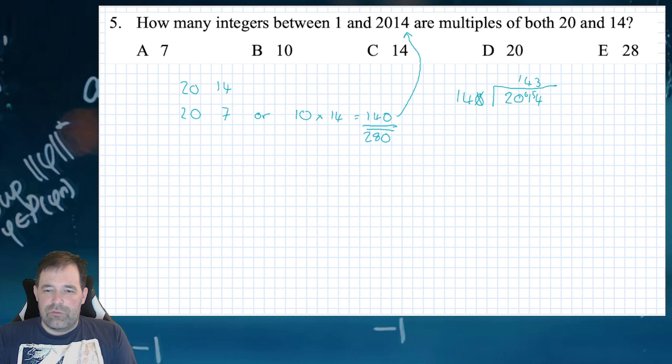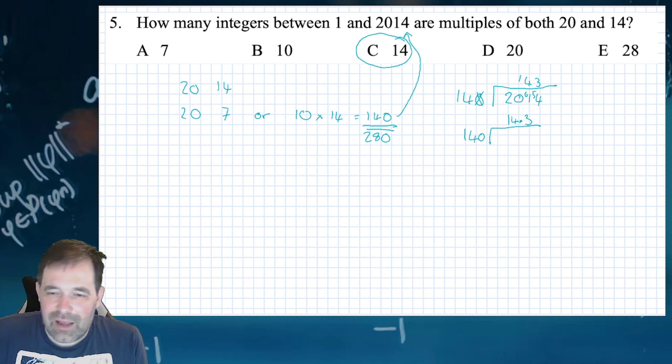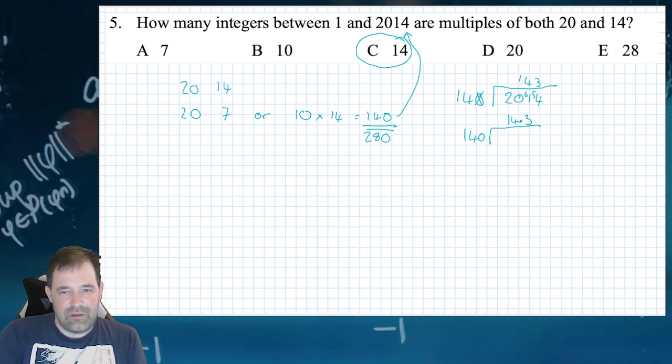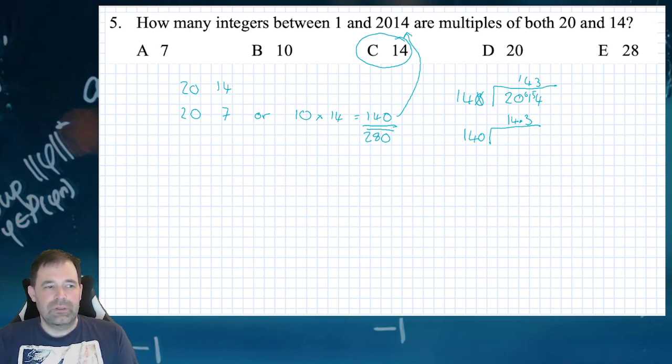That's going to be 143, so 140 into that is going to be 14.3. So you're going to get 14 full multiples and a bit. You're not going to get that 15th multiple. Again, looking at the options, they haven't even given you the option of 15, so you can't get that wrong. You can't round up.